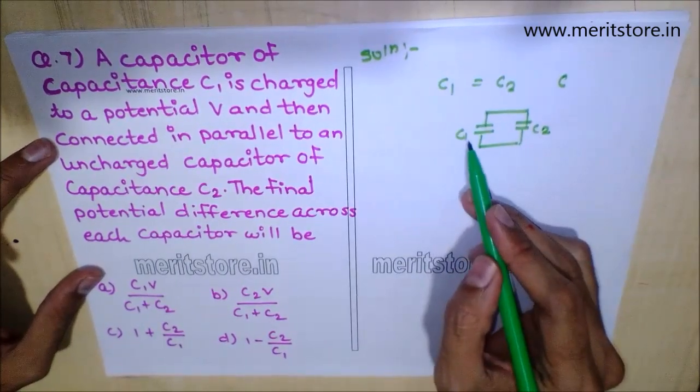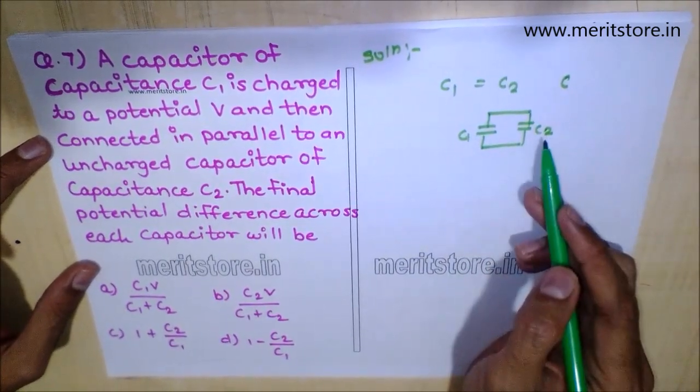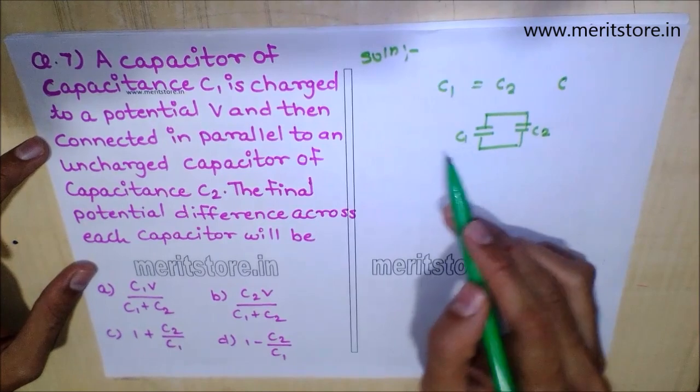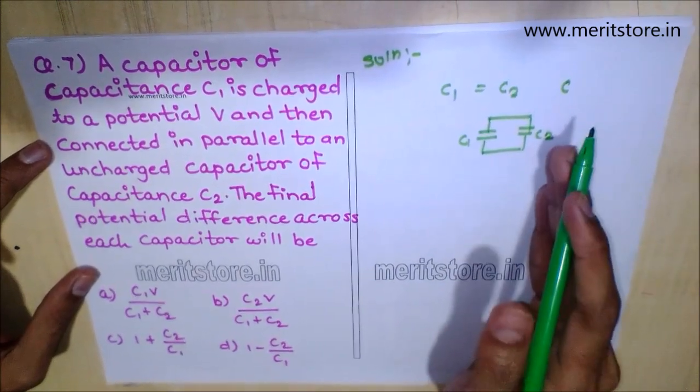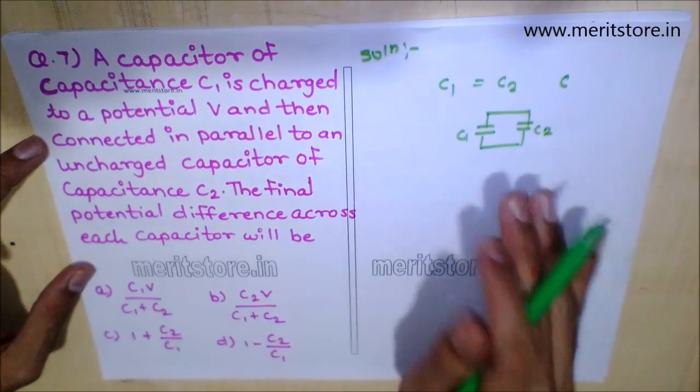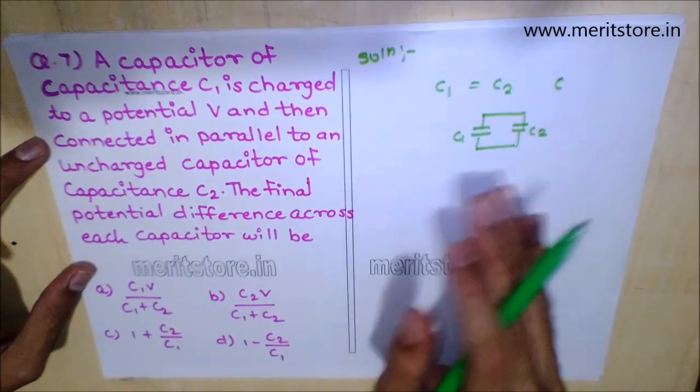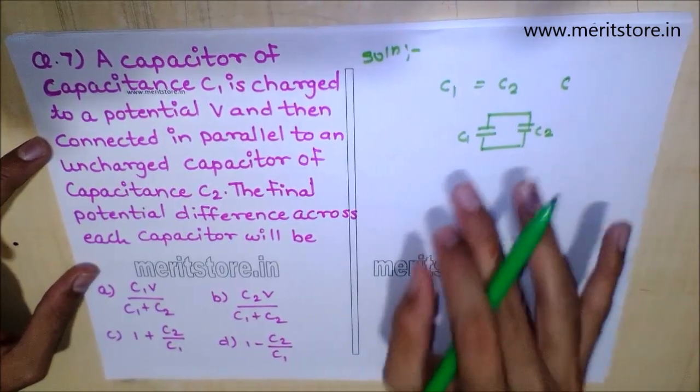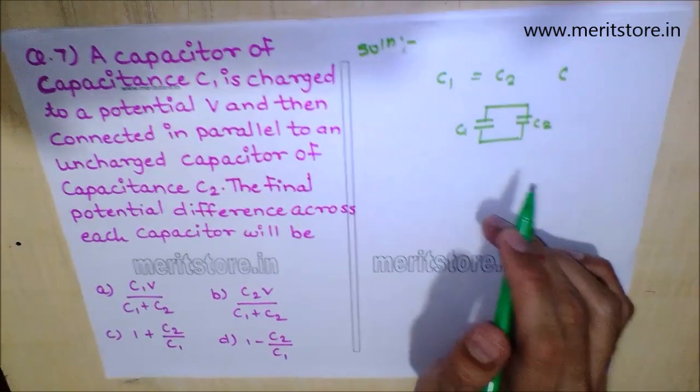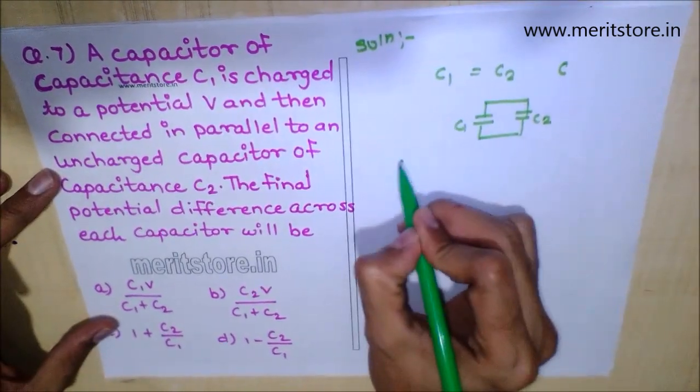When the charged capacitor comes in contact with an uncharged capacitor, it tries to pass on its charge to the other one, and the current continues till both of them attain the same potential.